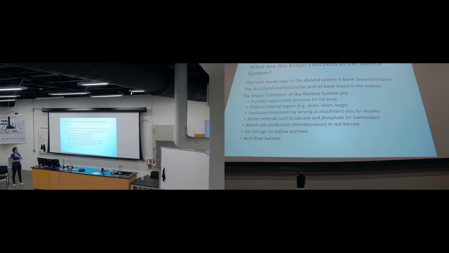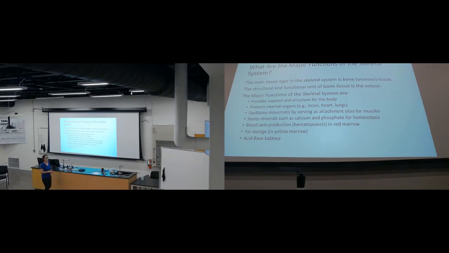Bones protect not only the heart and the lungs, but also the brain and the spinal cord. So we have the skull bones and the vertebrae. Bones also facilitate movement, because the muscles that bring the bones together cross the joints and connect to distal portions so that we can flex and extend our upper limbs and lower limbs.